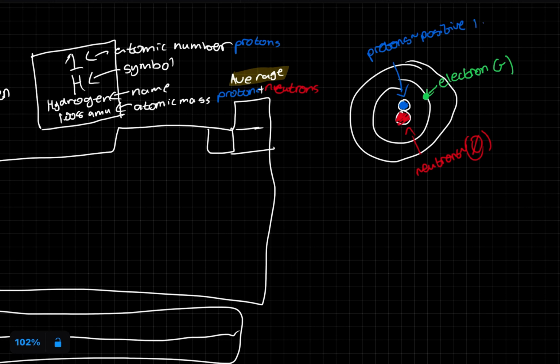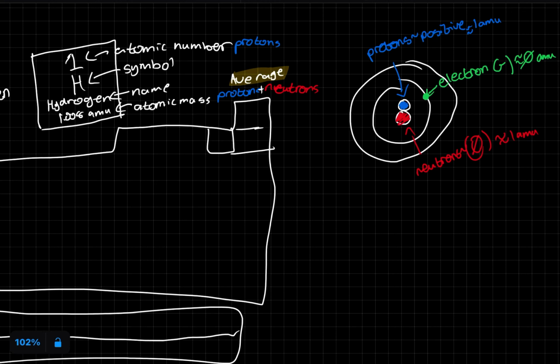So protons are about 1 AMU, roughly, not exactly. Electrons are roughly 0 AMU, and neutrons are roughly 1 AMU.